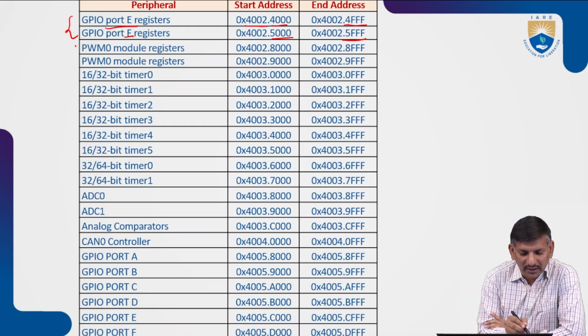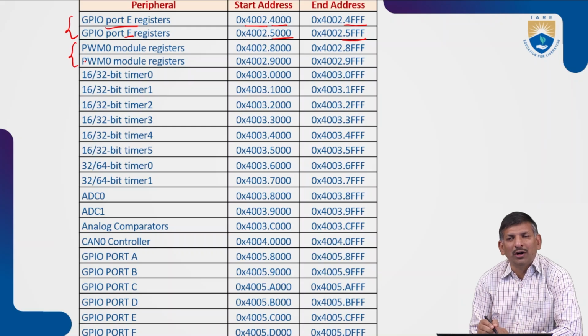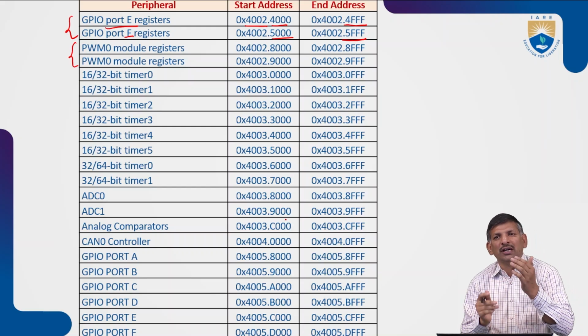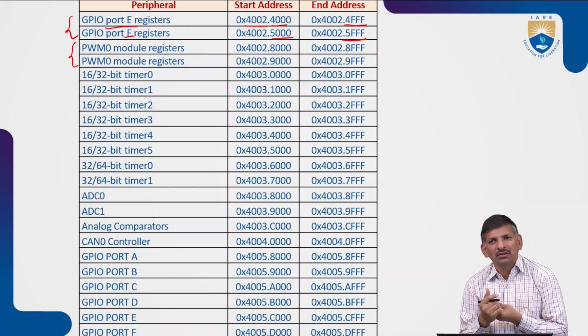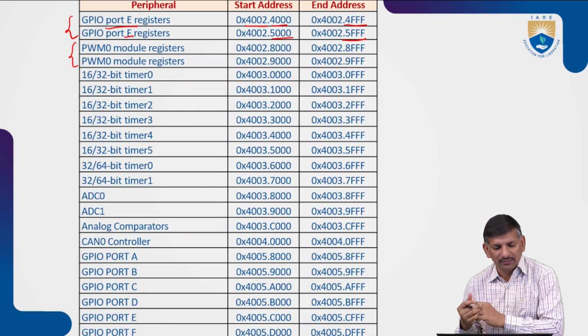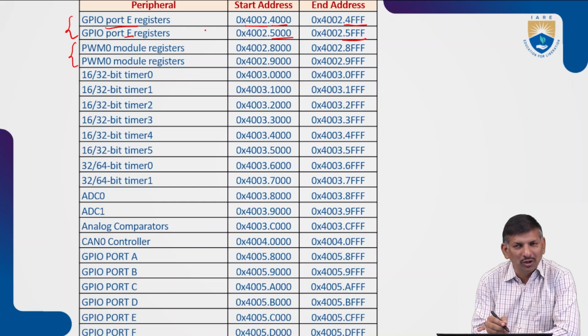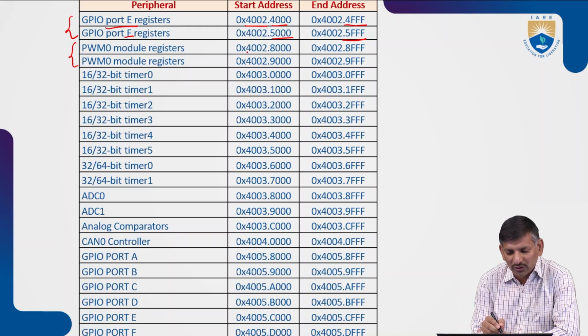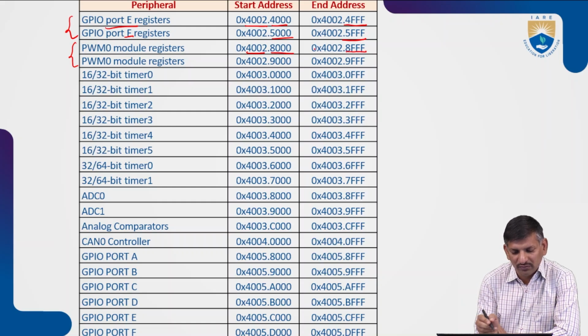Next, it contains 2 pulse width modulators for capturing the motion information, either temperature and pressure in the sea. Corresponding registers, the memory locations for these modules are 4002 series 8000 to 8FFF, and another one is 9000 to 9FFF. Register 1, register 2.